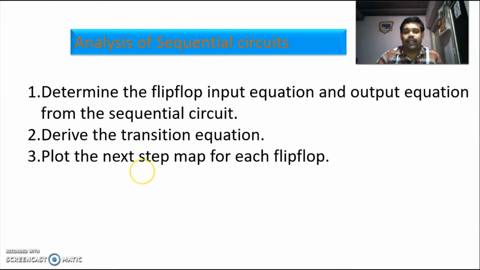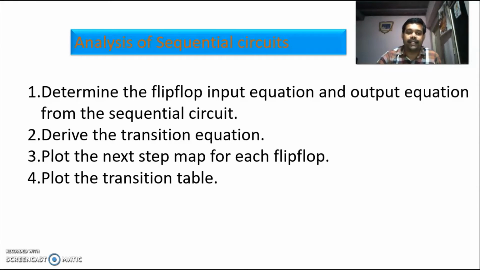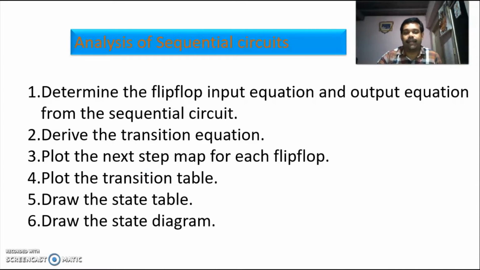Then we have to plot the next state map for each flip-flop. Then we have to plot the transition table. Then finally we have to draw the state table, and finally we go for the state diagram.